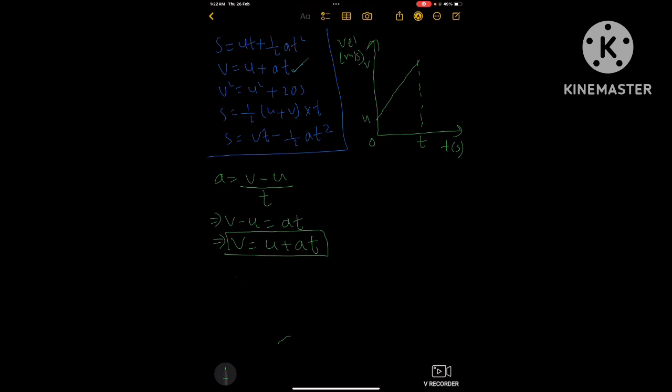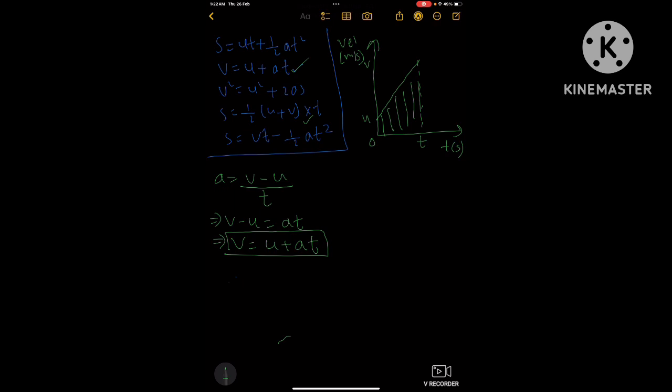Now let's derive this equation. We all know that the area underneath the curve of a velocity time graph is displacement.